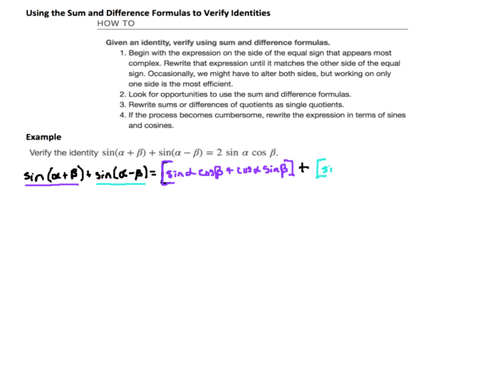So this is sine alpha cosine beta minus cosine alpha sine beta. I'll just point out that there's an understood 1 in front of these sets of parentheses that get distributed, so the parentheses can just fall off. I used the parentheses just to hold those expressions together so that you could see where they were coming from.